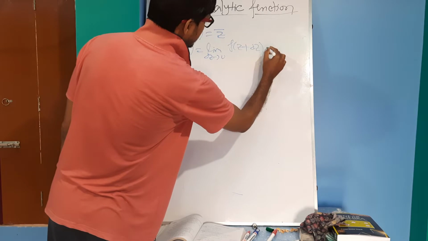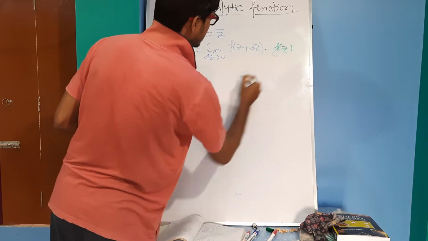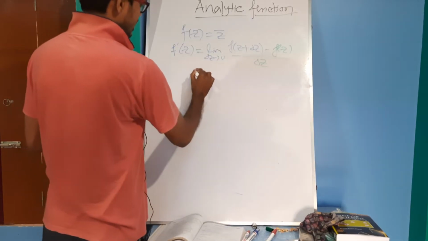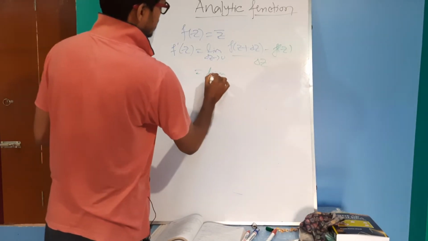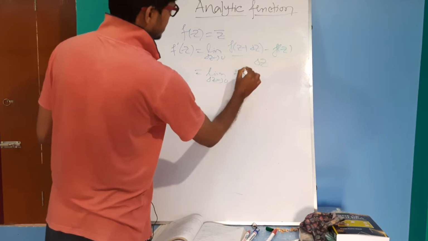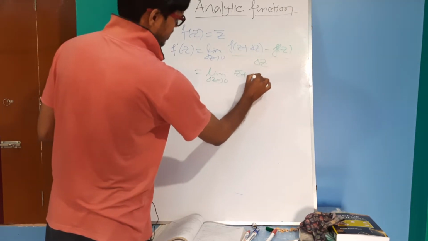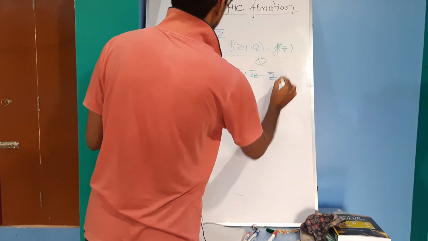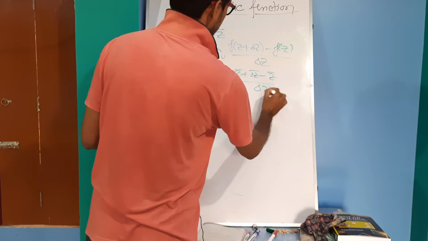minus f of z divided by del z. So in that case, limit del z tends to 0, z plus del z means z bar plus del z bar, so you can separate it, and minus z bar divided by del z.